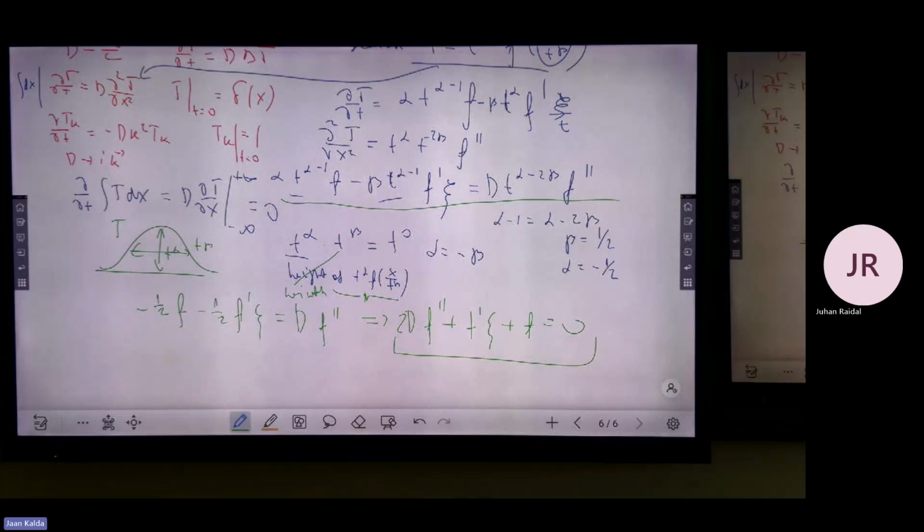You know that if you have a linear differential equation, if you can guess a solution, you're done, because any solution will be a linear combination of the solutions, any particular solution you can find.